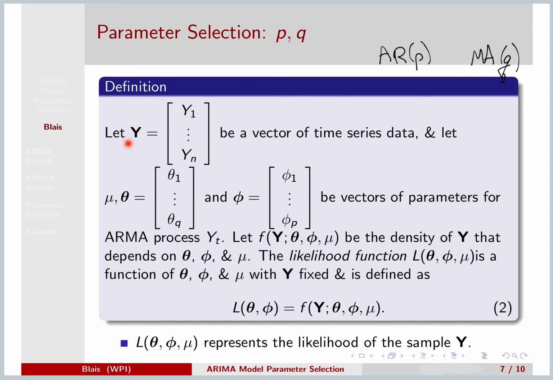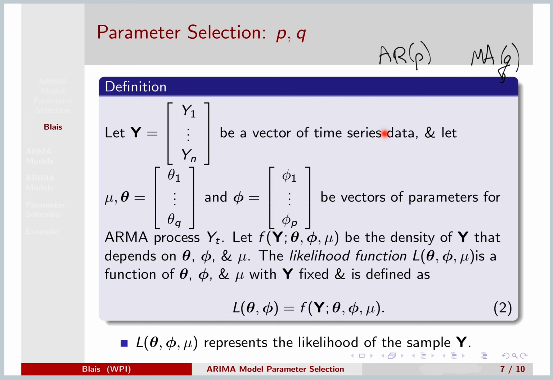So first, all bold letters here will represent vectors. So bold Y represents the vector of time series data. So this is your data that you're given. And then we have mu, a theta vector of the parameters for the moving average portion, and a phi vector, the phi parameters for the autoregressive part.